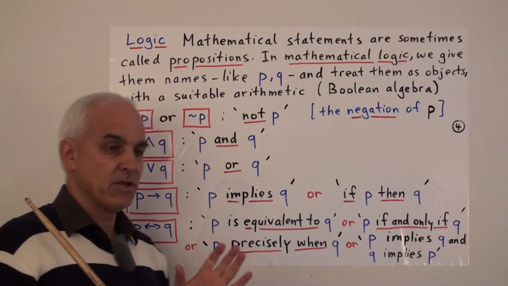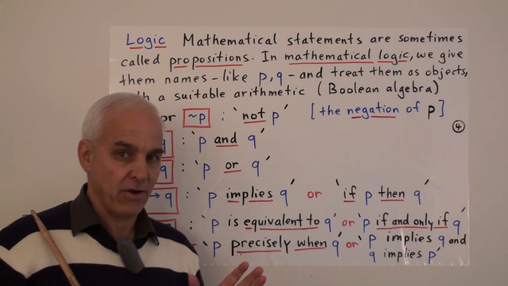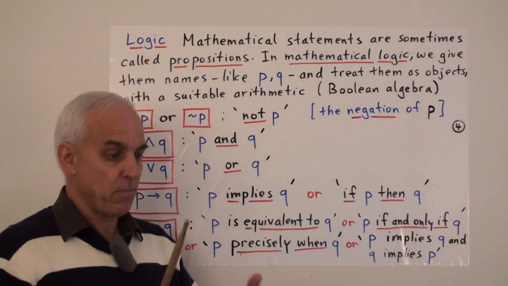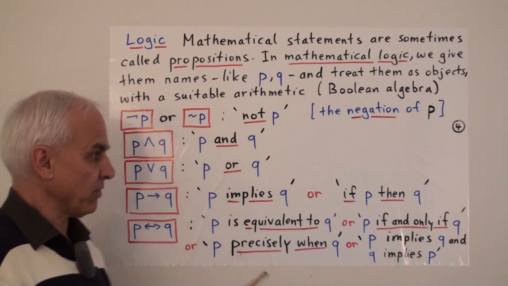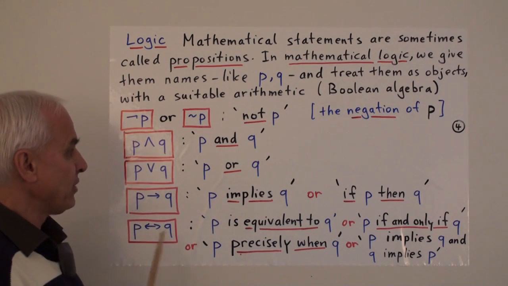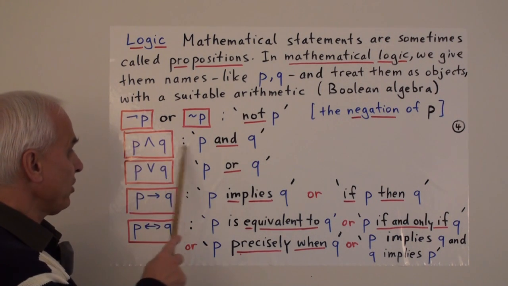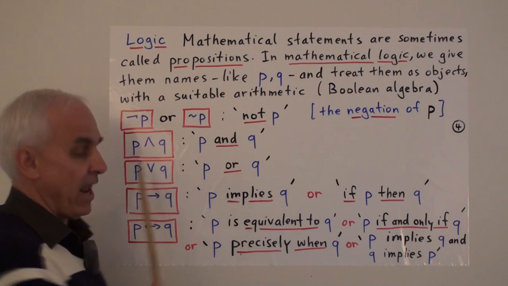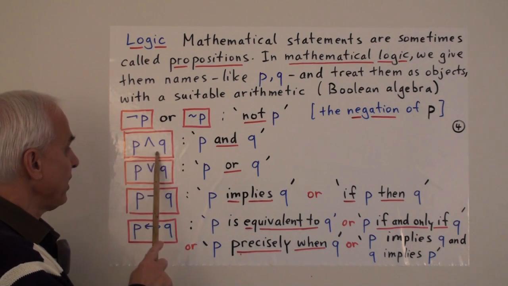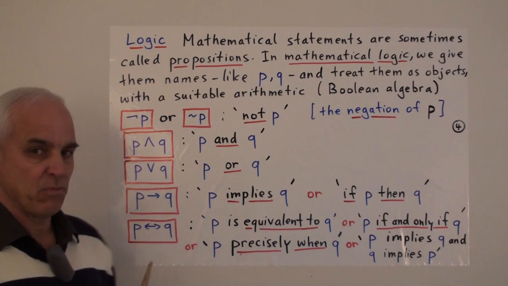So we're considering statements which may or may not be true. Okay? It doesn't really matter at this point whether a given statement is true or false. We can still perform these kind of operations with those statements. We can combine two statements to give a bigger statement in two different ways. One of them is to string them together with an and between them. So this here is P and Q. It's a little bit like an intersection, but it's pointed.